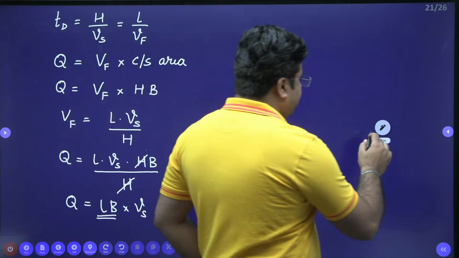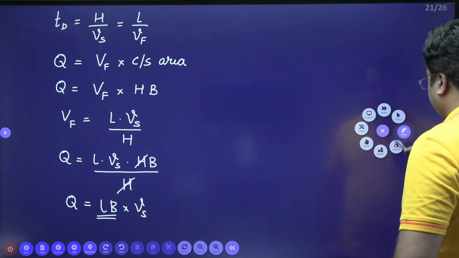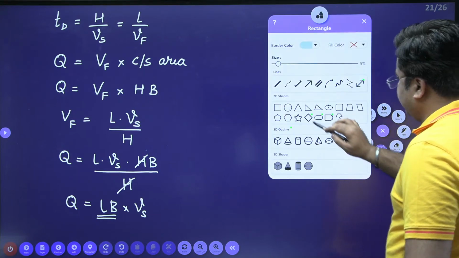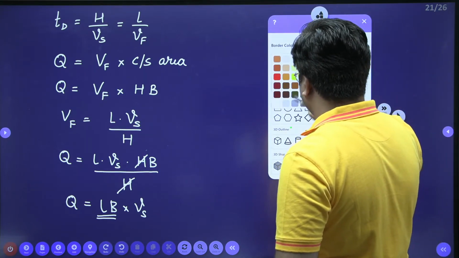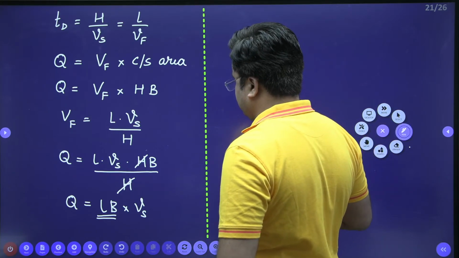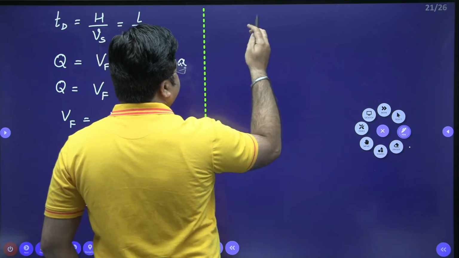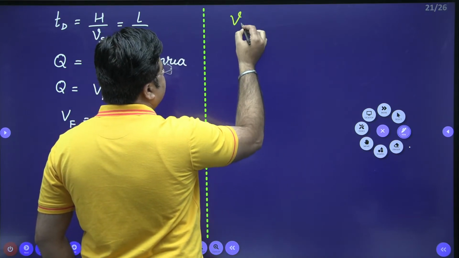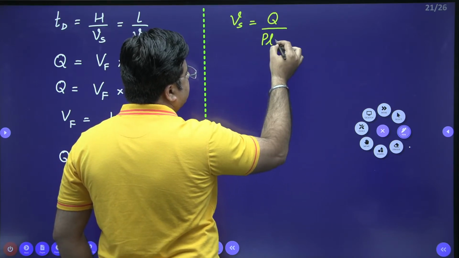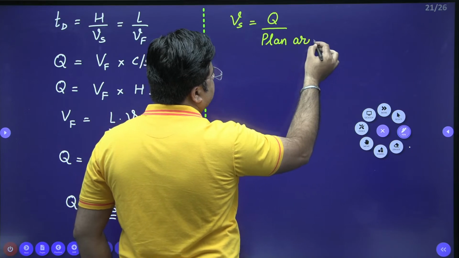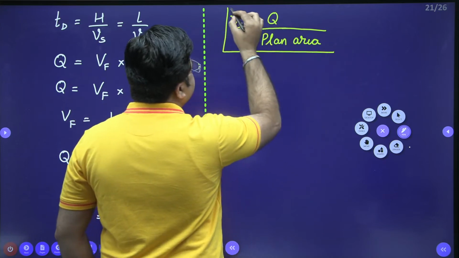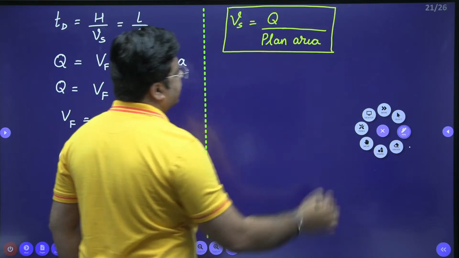So this is one of the ways for calculating the settling velocity of the concerned size of the particle, so Vs is equal to discharge divided by plan area, right?